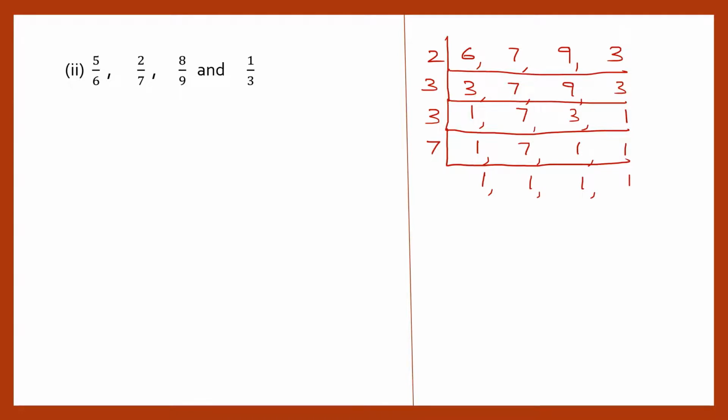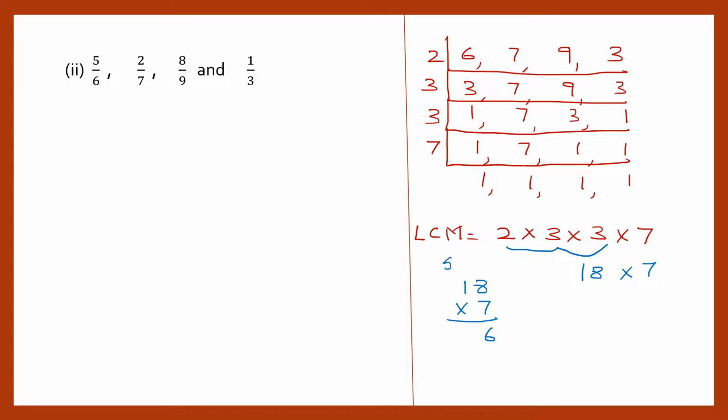Okay, let's find the LCM now. LCM equals 2 into 3 into 3 into 7. Okay. 2 3s are 6. 6 3s are 18. Let's multiply 18 into 7. 7 8s are 56.